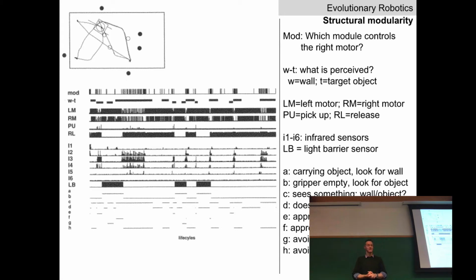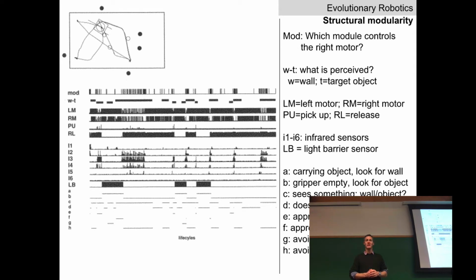Not really, right? If that were true, you would expect to see these bands down here being reflected in the top row. So evolution did not choose what to us would be the most obvious way to decompose this problem into modular sub-solutions. There's a little bit more white space where it is carrying an object. Maybe it's not perfect, but there's some, right?